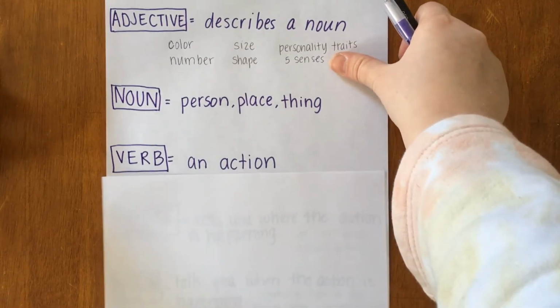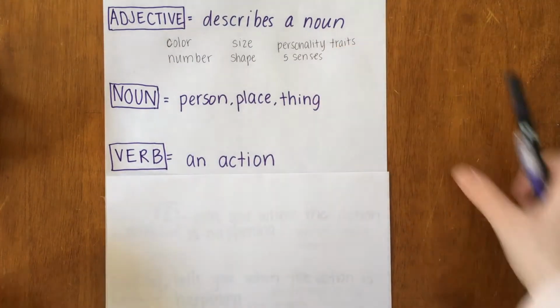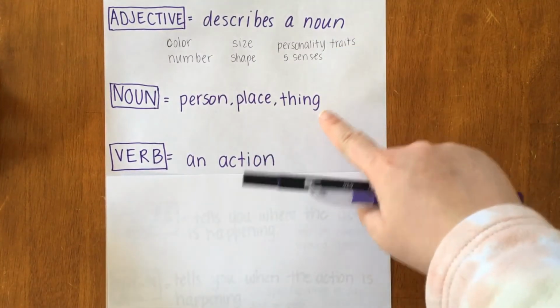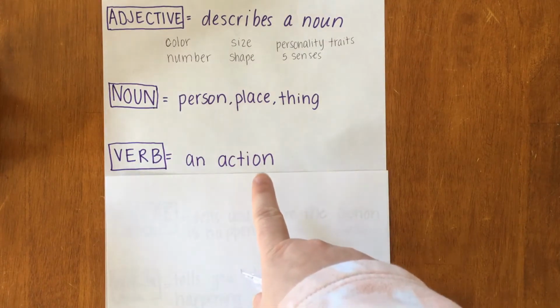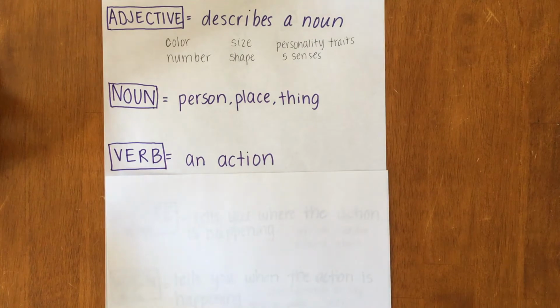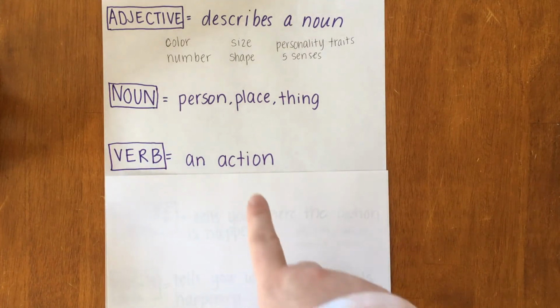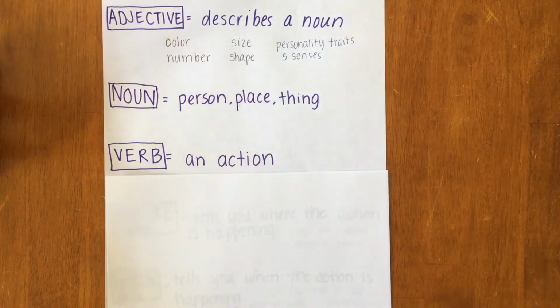The other one that I call the heart of a sentence is a noun and a verb. Two things you can't have your sentence without. So a verb is an action. Some of you might have heard that in the background. My dog just sneezed. So that action that she did was she sneezed. Before that, she ran over here.